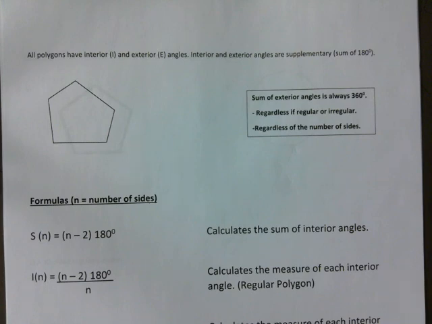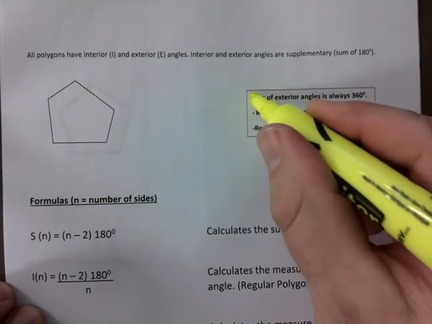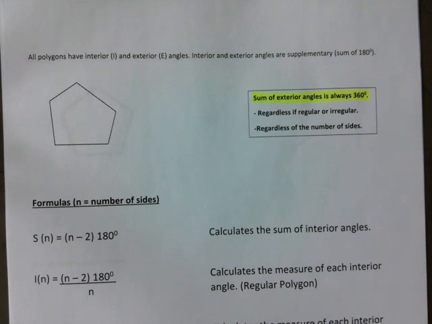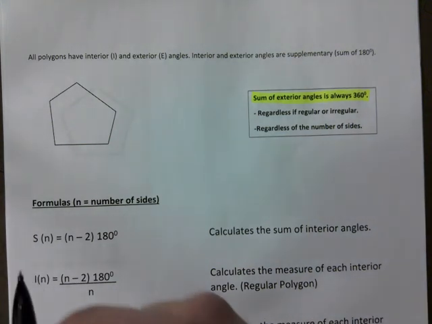They have a sum of 180. Notice this, and I know you have this in your notes, but it's been a couple of days. The sum of exterior angles is always 360, regardless of irregular or regular, and regardless of the number of sides. That's kind of odd, right? It doesn't matter how many sides the polygon has. If you were to add up the exterior angles, it's always 360.